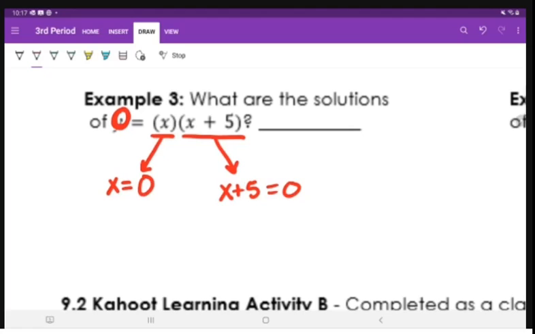Now we have to solve each of these for x. With our first factor, we have x equals 0. That's already solved, so that one's good. We really just have to solve the second factor. So we'll subtract 5 from both sides, and we get our 2 answers, x equals 0 and x equals negative 5.